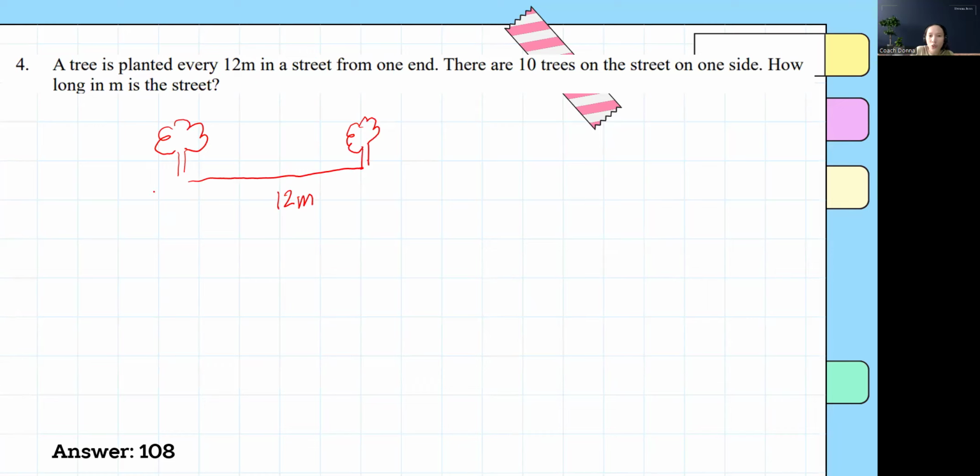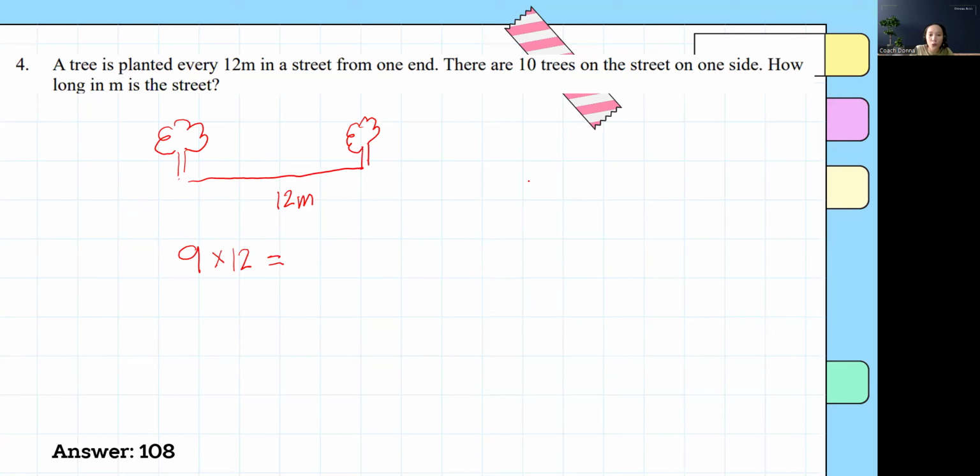Since we started planting one tree from one end, we need to subtract one tree from 10. So that is 9 trees, plus the one at the very start. But 9 trees indicate how many 12 meters we're going to have. So it's 9 times 12.